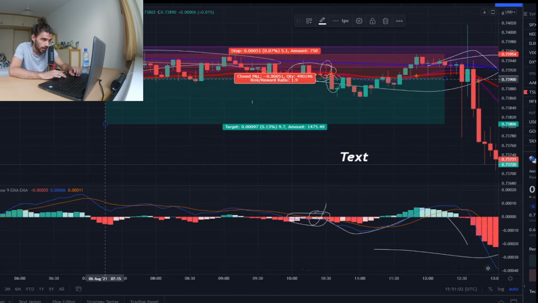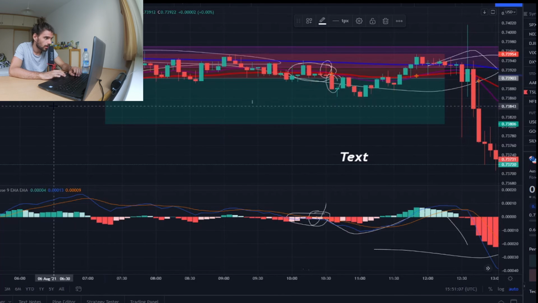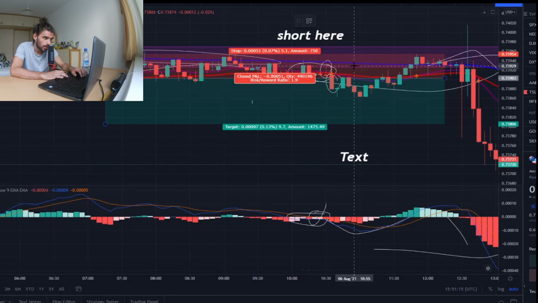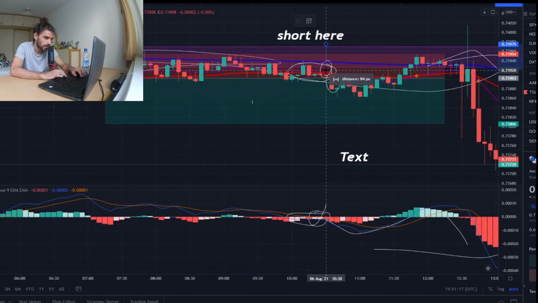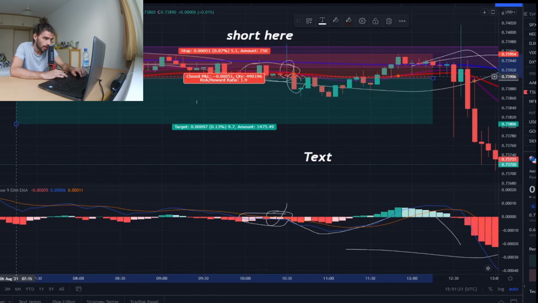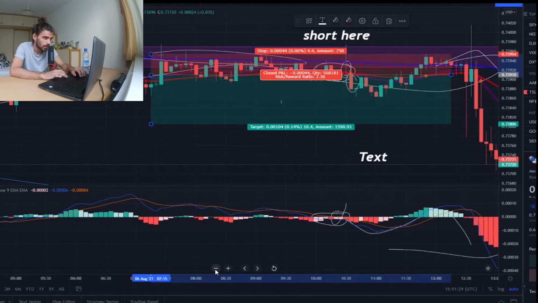So if we take this short here, we want to take this bearish candlestick and use it as our entry point somewhere around here with a risk reward of, let's make it 2, and we want to go here.